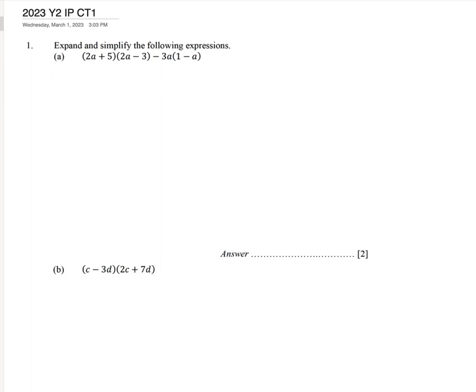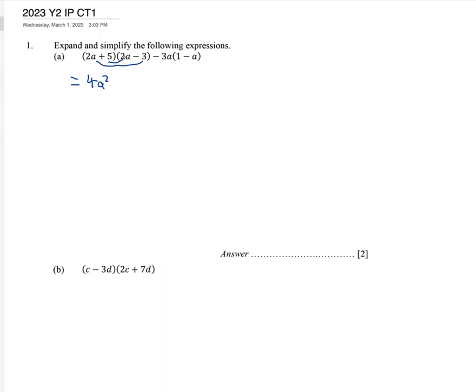To do the expansion, we use the FOIL method. Noting the first term in each bracket, we have the first term times the first term to give us 4a squared. To get the middle term, we multiply the inner and the outer terms.